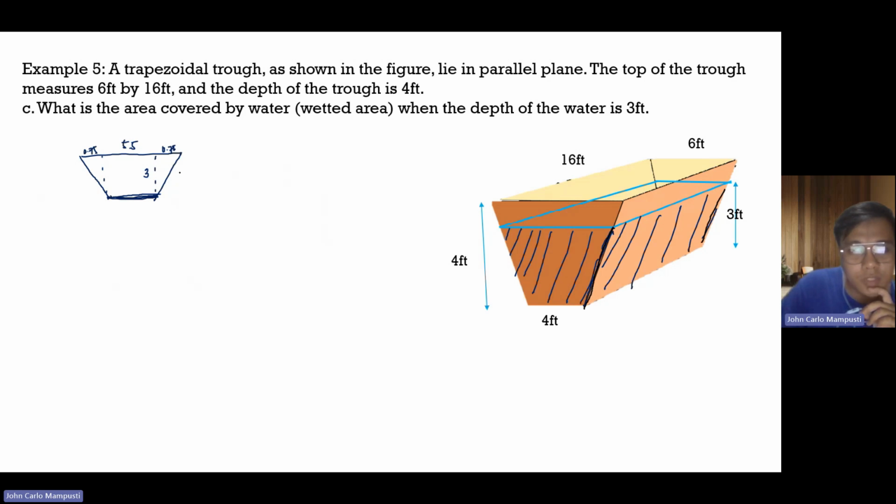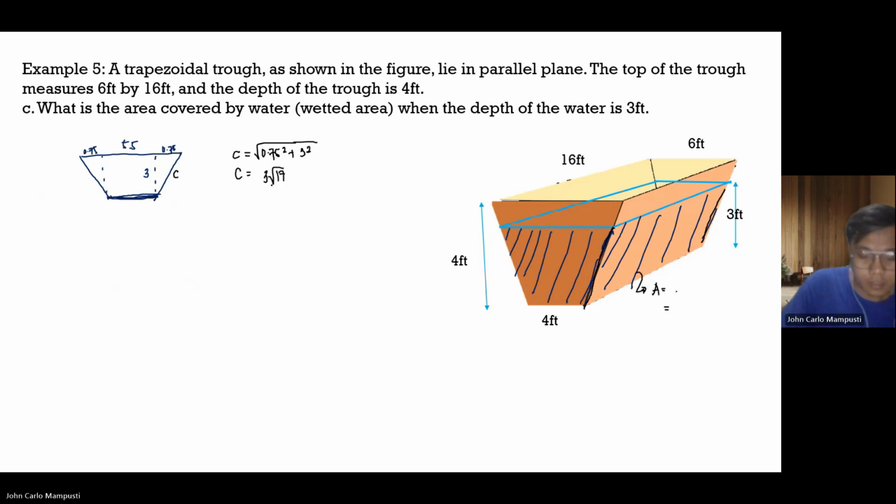So diyan, ito na yung hinahanap natin. It means yung hypotenuse natin dito. So tawagin na lang natin siyang C. So we need to compute C. Paano natin kukunin yung C na yan? Of course, we're going to apply Pythagorean theorem. So C is equal to the square root of 0.75 squared plus 3 squared. So C is equal to 3 the square root of 17 over 4.